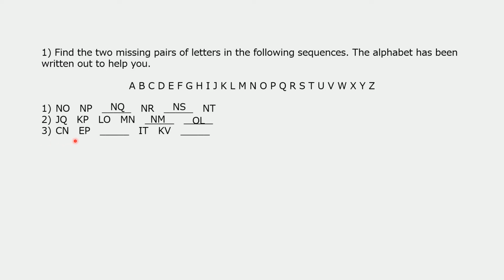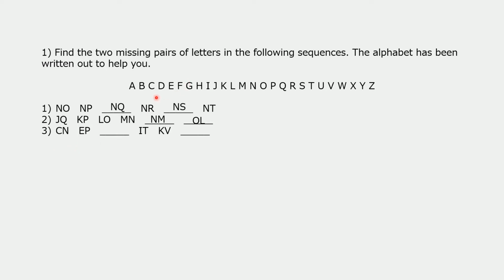Third part of the first question. CN, EP, space, IT, KV, space. So what's the similarity between C and N?